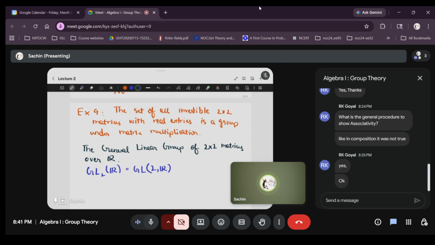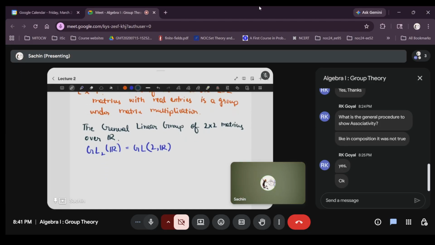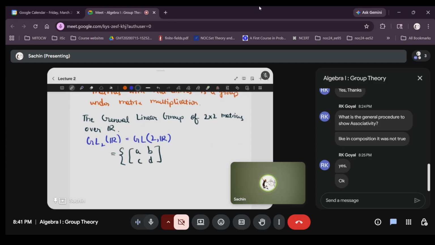So this is the notation for the set of all 2 by 2 matrices with real entries, and 2 by 2 invertible matrices with real entries. The set of all 2 by 2 matrices can simply be written as ABCD, with A, B, C, D real numbers.